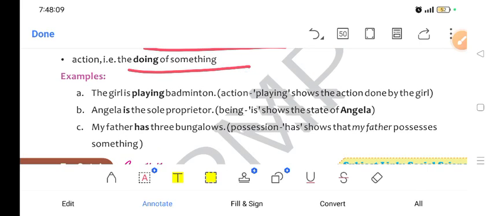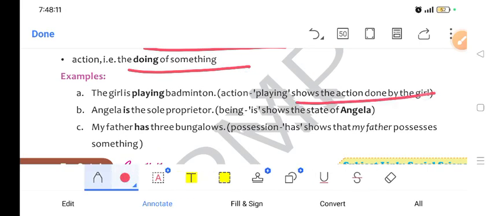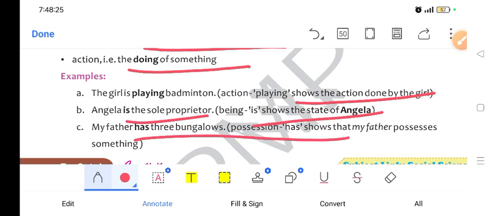The girl is playing badminton, so it shows the action. Angela is the sole proprietor, so she is having a state, right? She has some possession. My father has 3 bungalows, so here it is possession, right? And it shows the state of Angela.